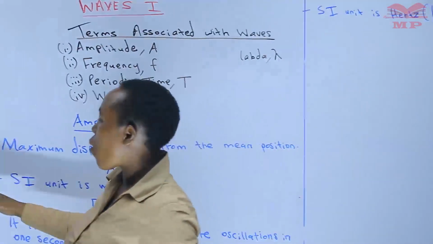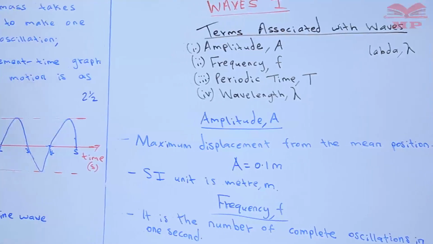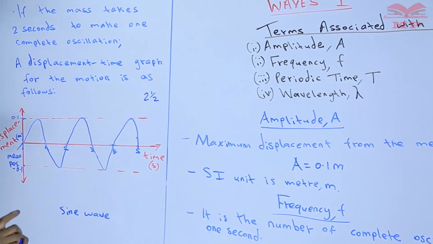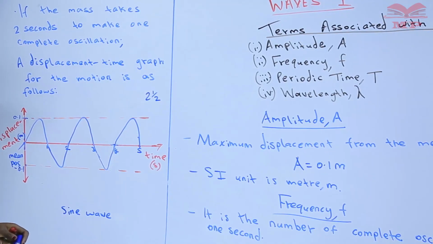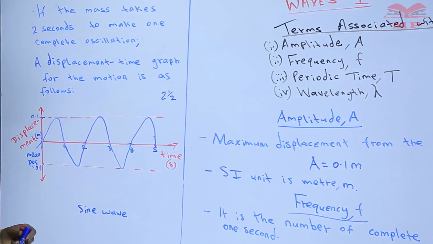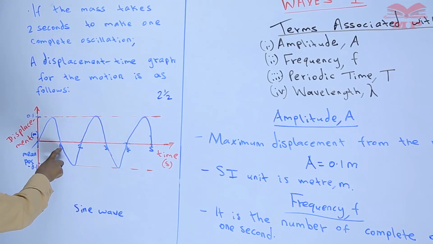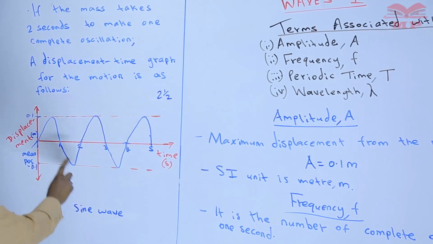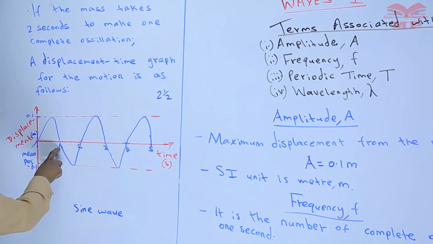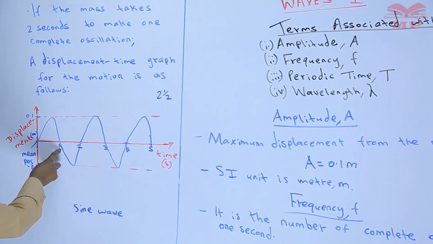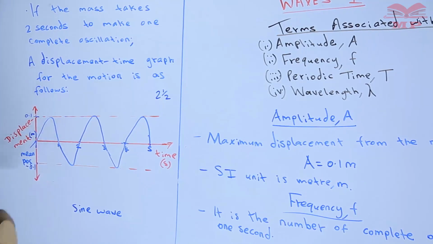So if we come to our wave here, and we want to know what is the frequency of this wave, we are saying that frequency is the number of complete oscillations in 1 second. So in this wave, we have 1 second here. How many oscillations are there before 1 second? This is half of an oscillation.